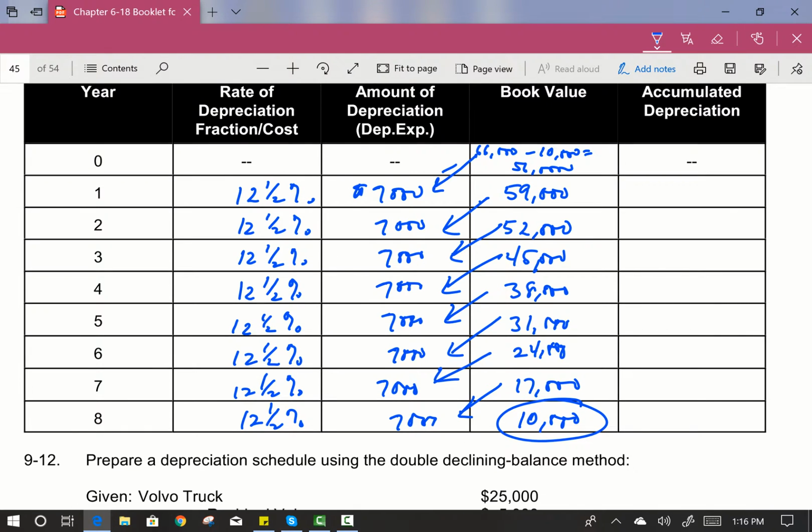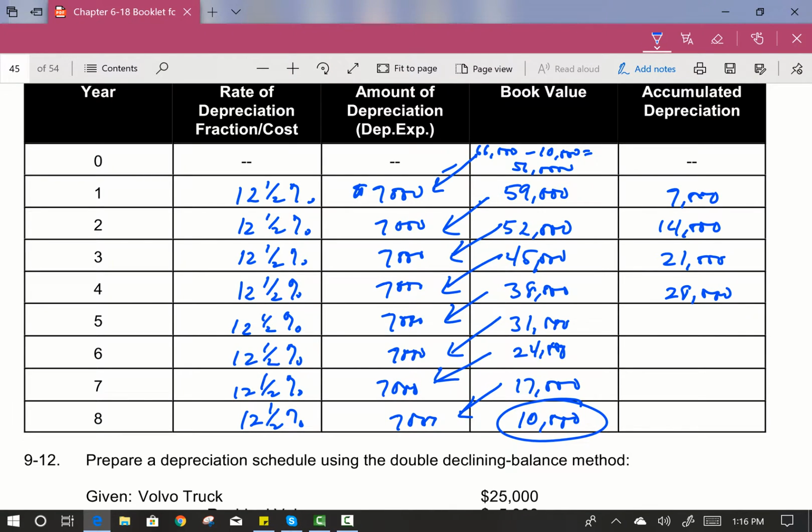Your accumulated depreciation starts out with 7,000. Plus 7 is 14,000. Plus 7 is 21,000. Plus 7 is 28,000.